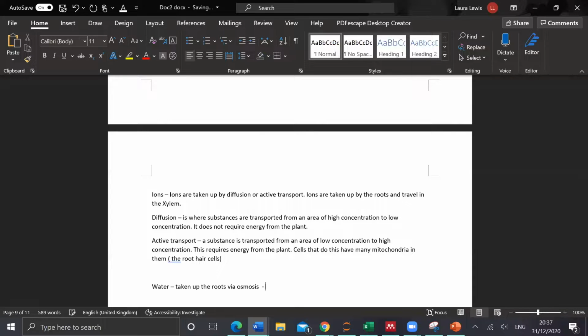So when water moves from an area of low water concentration, so it's about water, to high concentration.